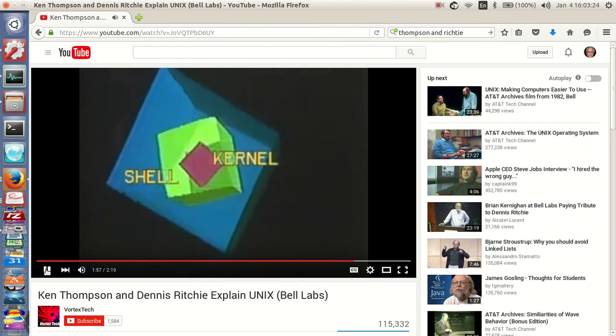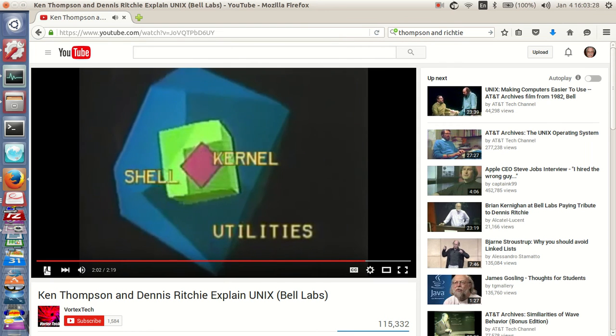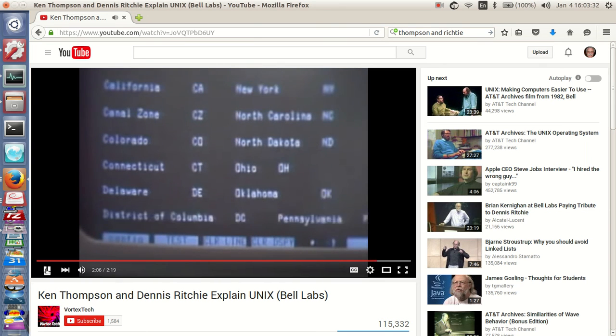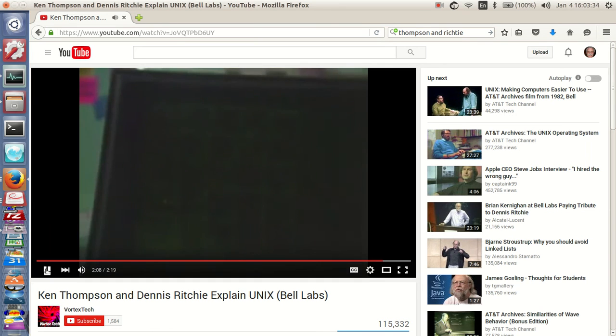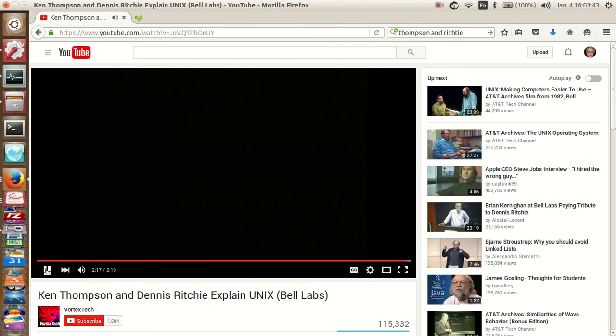The third part, which is actually the largest, is the various utility programs which perform specific tasks like editing a file or sorting a bunch of numbers or making a plot. In other words, all the other programs that are not provided directly as part of the operating system kernel.